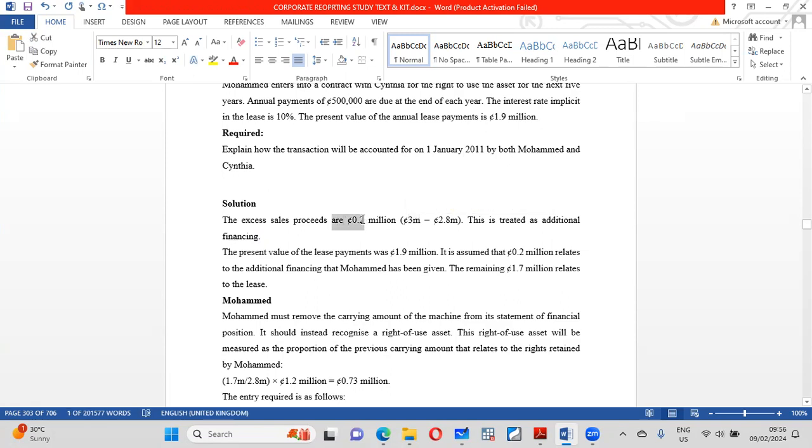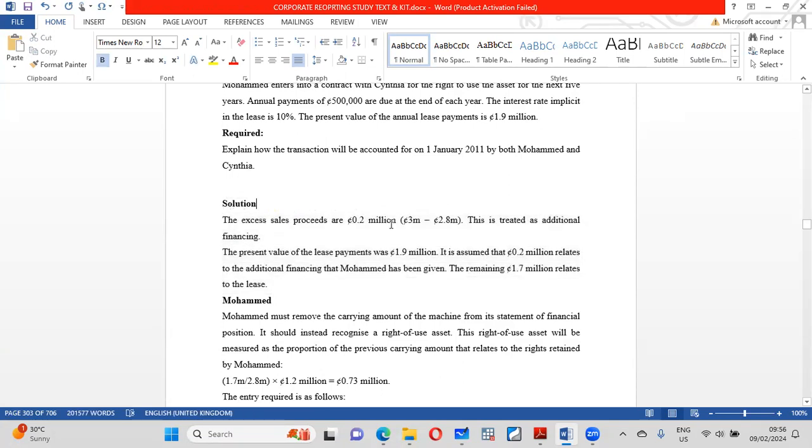So this 0.2 will now be additional financing. The present value of the lease payment is 1.9, and it is assumed that 0.2 relates to additional financing. Therefore, the remaining 1.7 is the one relating to the lease. So it's additional information that the examiner can bring.